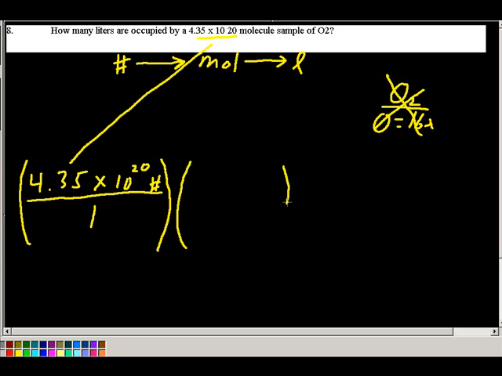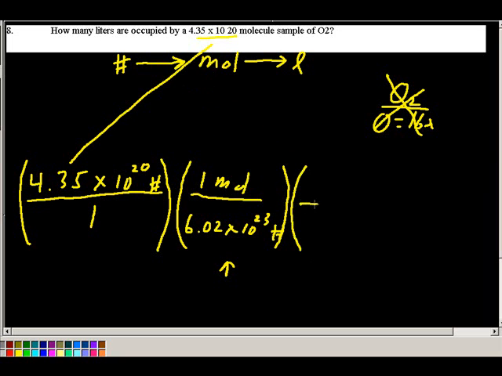Then you do the next unit ratio. And the unit ratio here is going to be, if I have number of items here, I get number of items down here. And you get 6.02 times 10 to the 23rd. And that's going to be 1 mole's worth. So these two went from numbers to moles. Now we got to convert moles to liters.